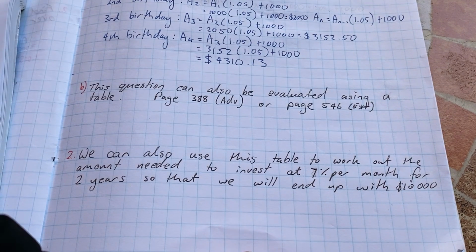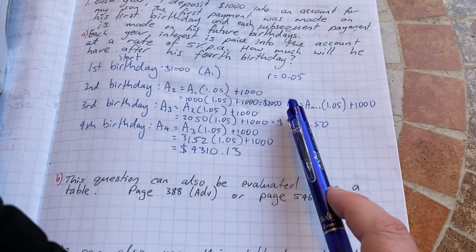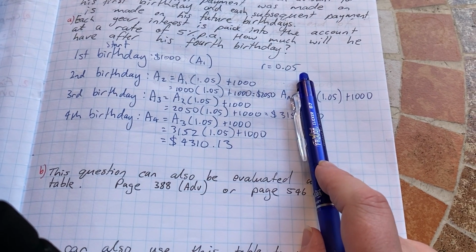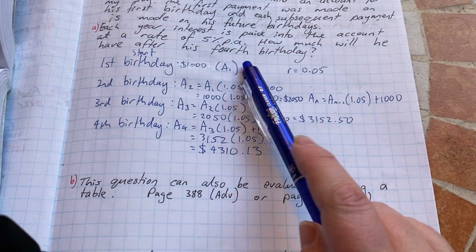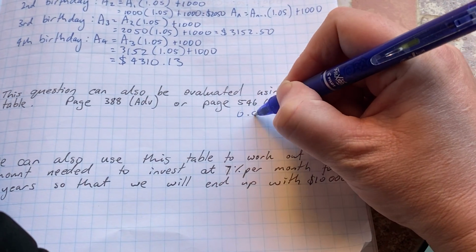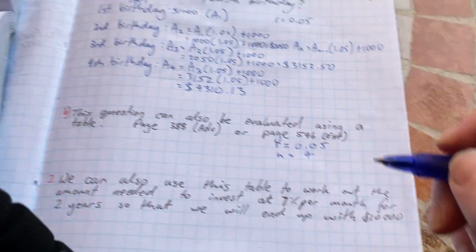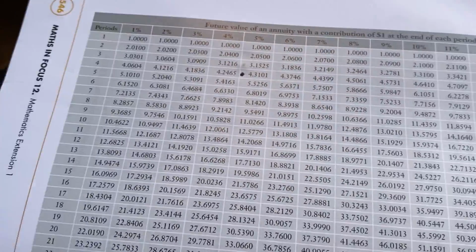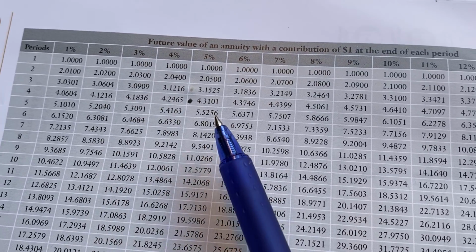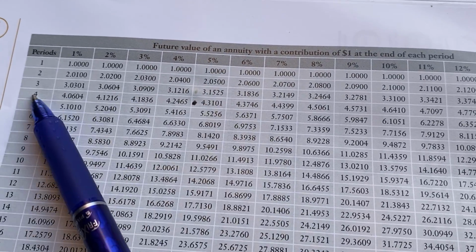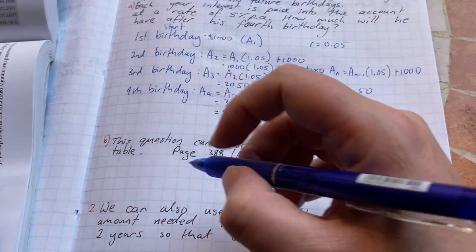So if we look at that particular question with the table, remember our R was 0.05, and we wanted to know till his 4th birthday, so that's n equals 4. So 0.05 for our R, n equals 4. So let's come up to our table. You can see I've put a dot next to it. So it is our 5%, our n equals 4, 4.3101.